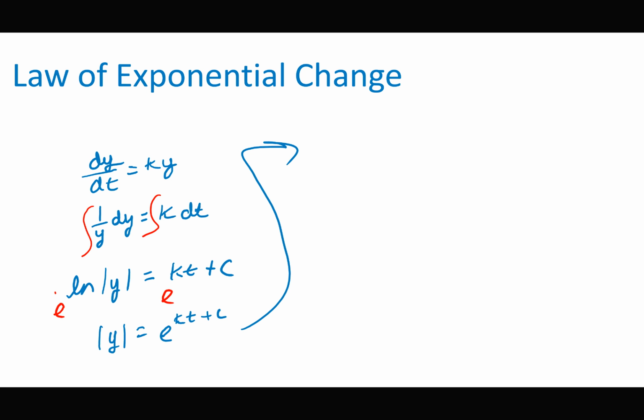E is an exponent now, e raised to this. I raised both sides to the power of e. So if it's absolute value, then I know y is going to be plus or minus e to the kt plus c.